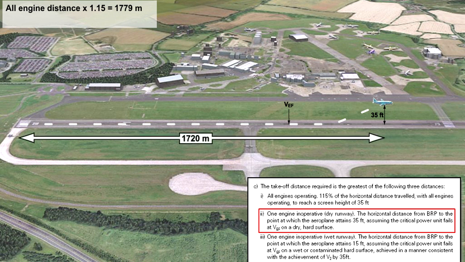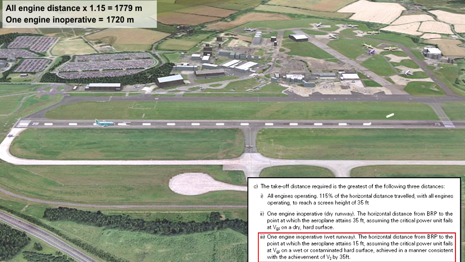As an example, let us assume this distance is 1,720 meters. The third distance assumes a wet runway, and also assumes one engine is inoperative. This third distance is from brake release point to 15 feet, assuming the engine failure occurs at VEF.